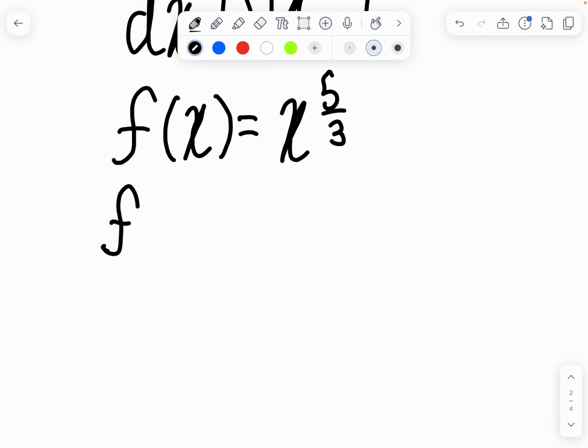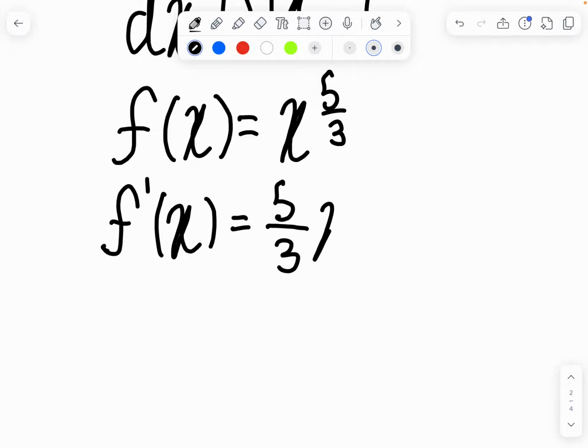Now we actually apply the power rule. f prime of x equals 5 over 3 times x to the power of 5 over 3 minus 1.